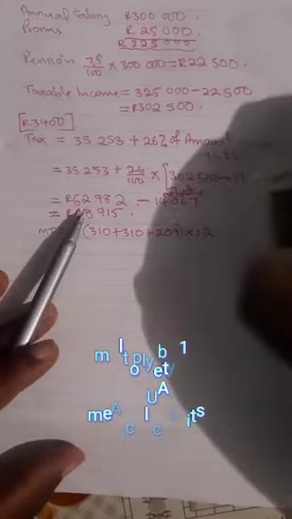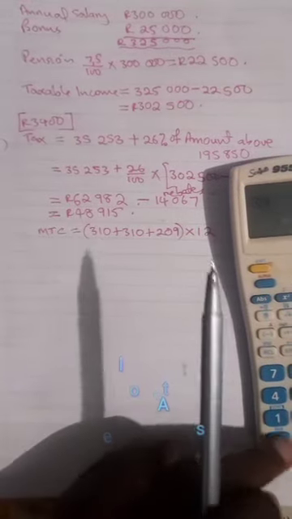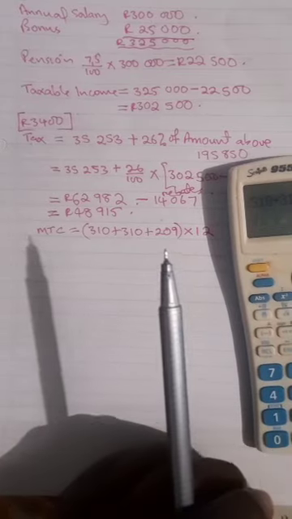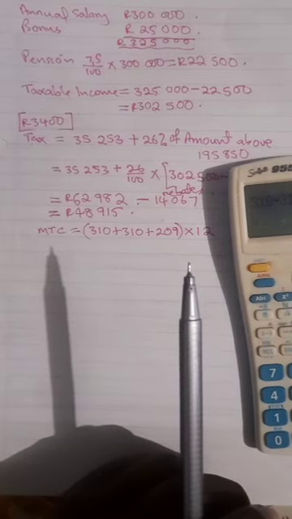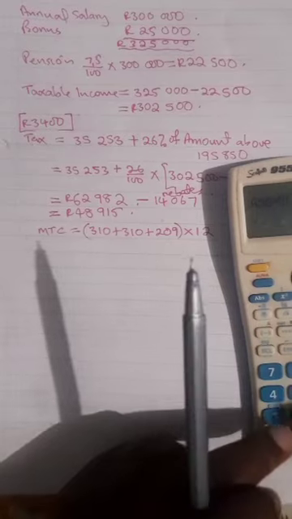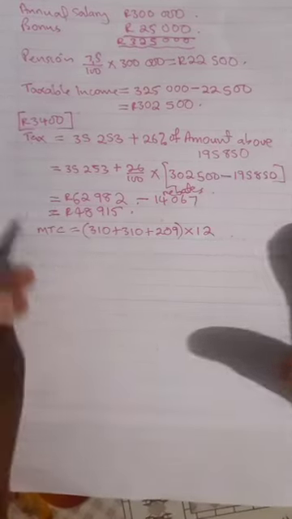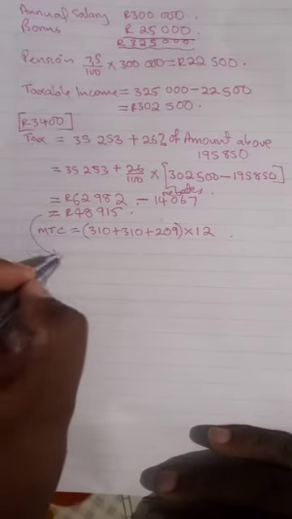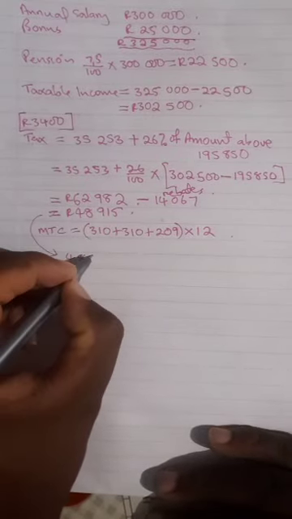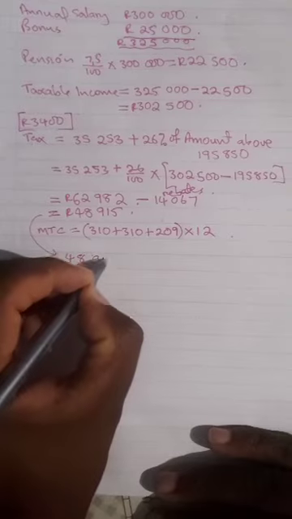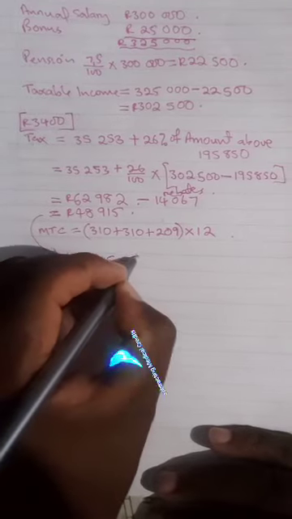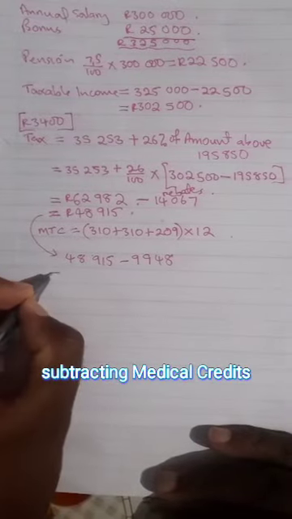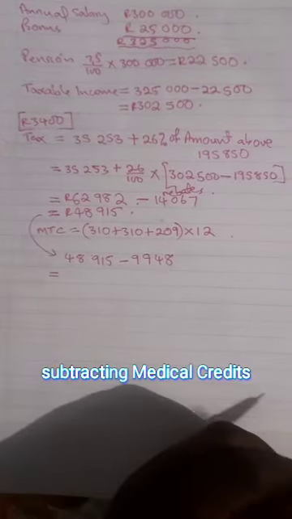So this one is going to give us 310, 209 is 829 multiplied by 12. So coming to this one, remember we have 48,915 minus 9,948.